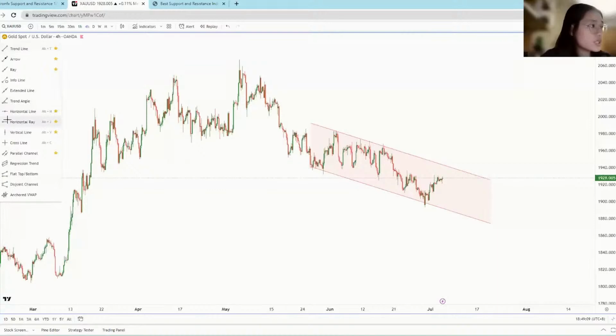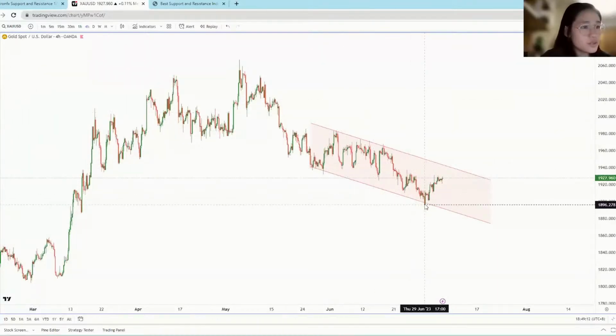So now let's go in with our support and resistance levels.